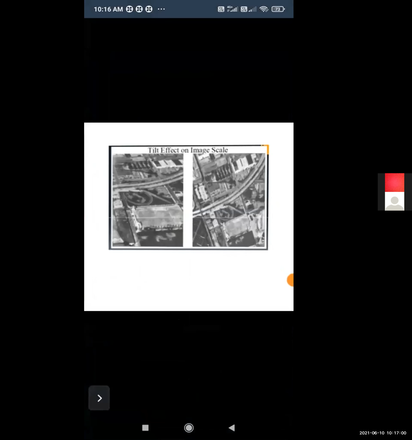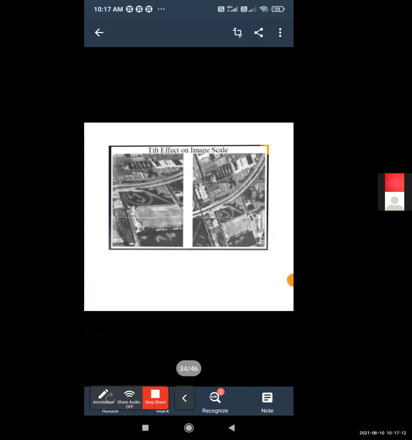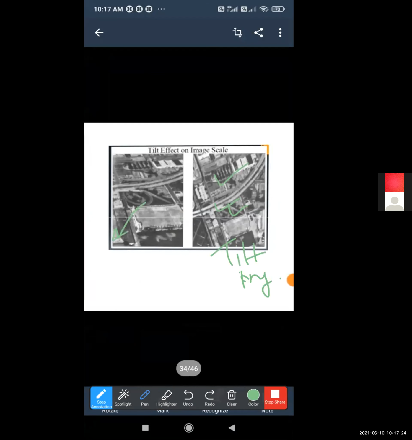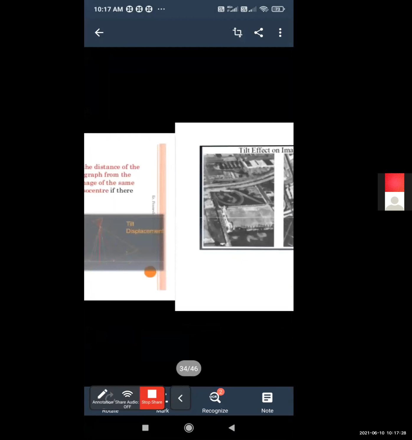Okay, this image is clear. So this image shows the tilt effect. In the first image tilting does not occur, means exact image, but the second image is a tilted image. This image is without tilting condition. See the difference?